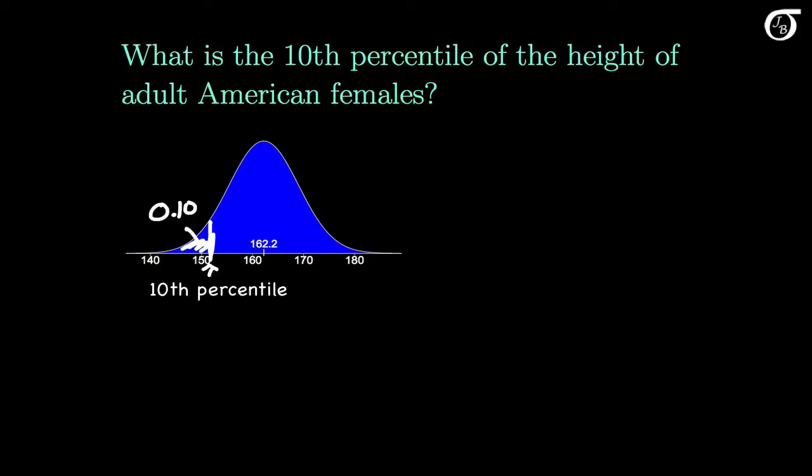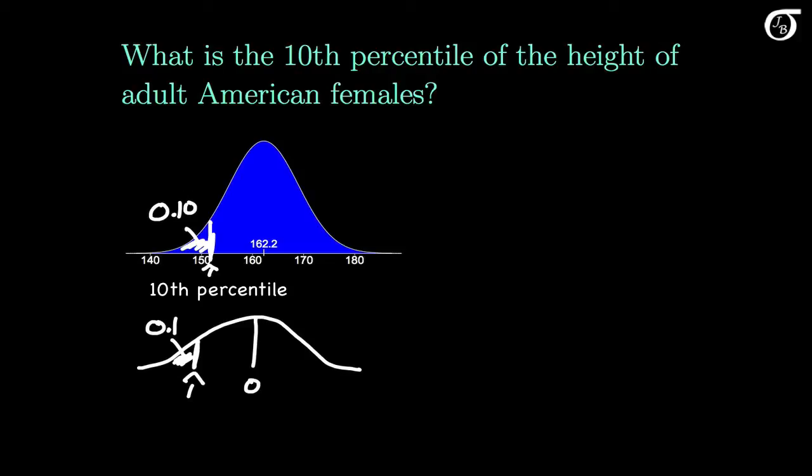We can find that value rather easily by first finding the 10th percentile of the standard normal distribution, then converting back to this distribution. And here's a rough sketch of the standard normal distribution, with 0 in the middle, and over here somewhere is the value that has an area to the left of 0.1, and this would be the 10th percentile of the standard normal distribution.